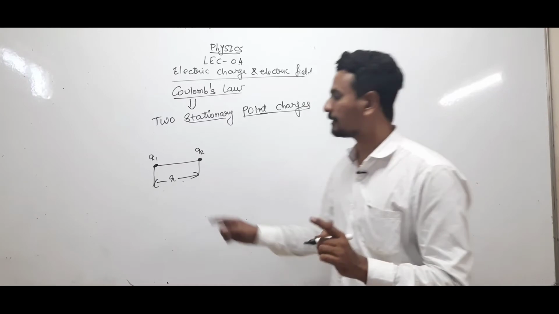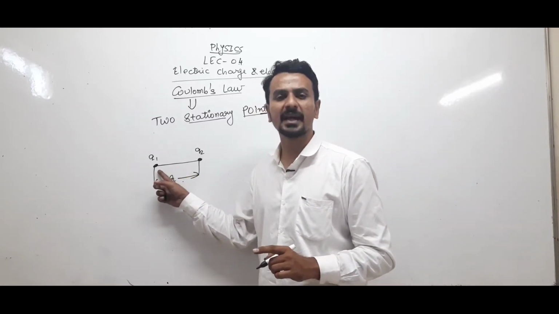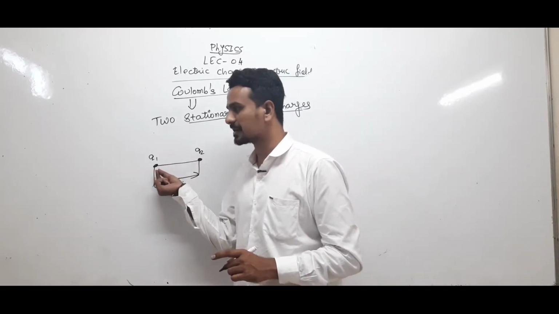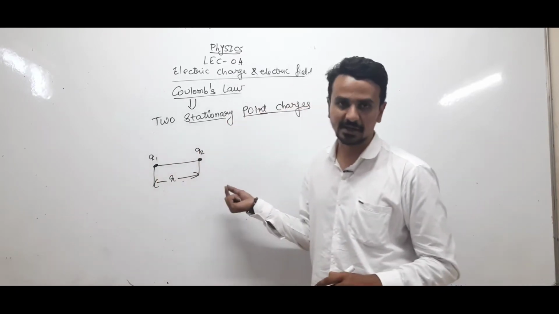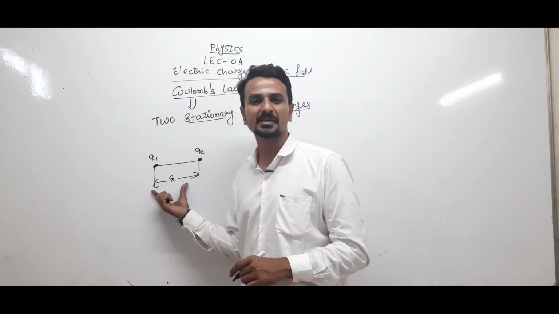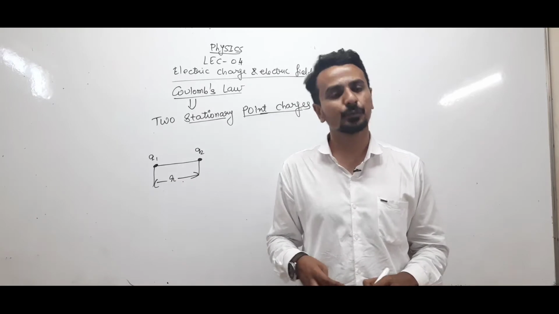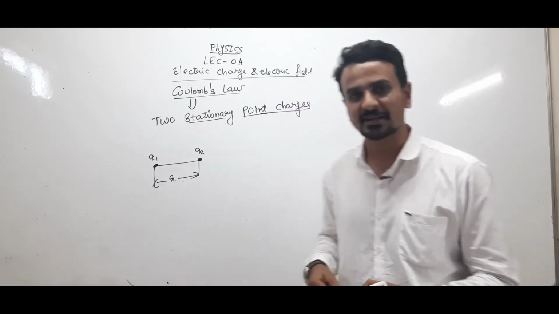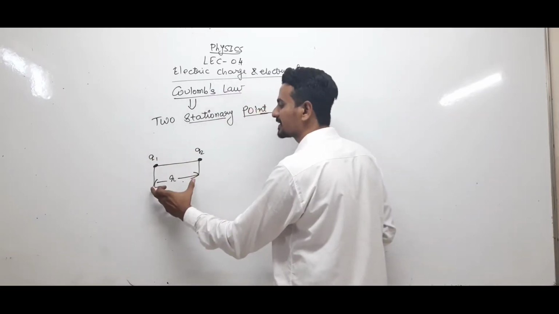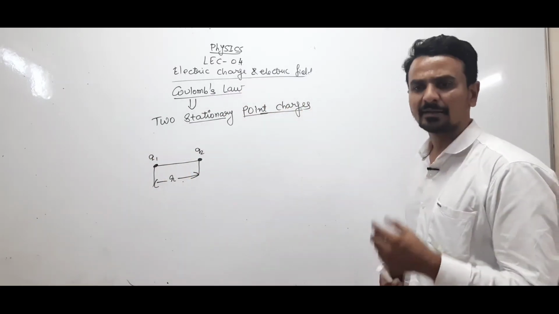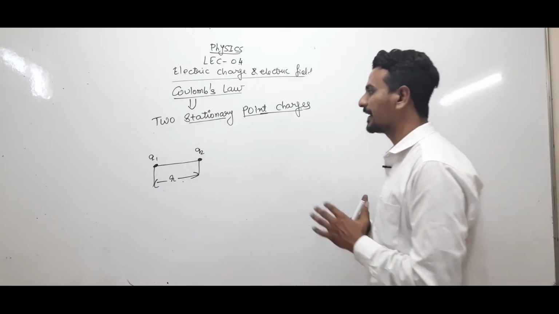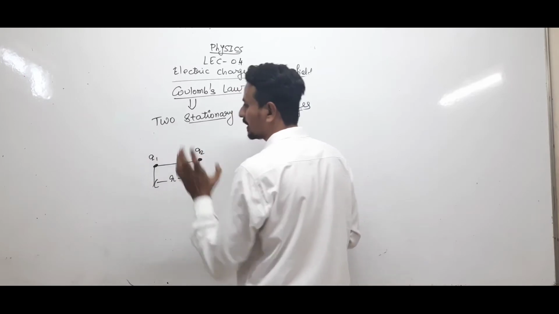If the dimension of the charge, either this charge or this charge, is very much less than the distance between the two charges, then such charges are known as point charges. That means if the diameter of the charge is quite less than the distance between the two charges, then those charges are treated as point charges. Clear? So Coulomb's law is for two stationary point charges.